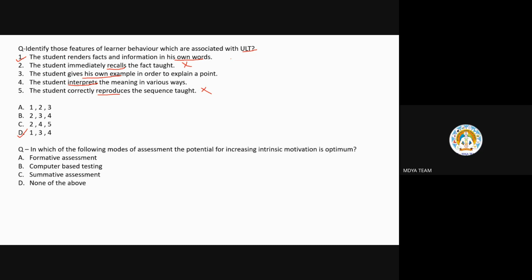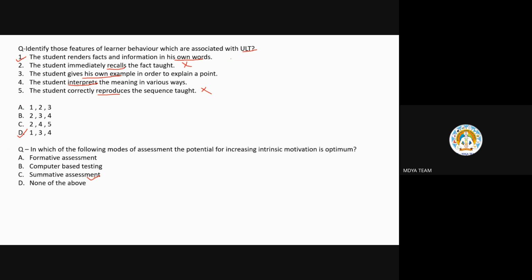Think again. See, summative assessment happens at the end. Formative assessment, ma'am. Yes, it is formative assessment.